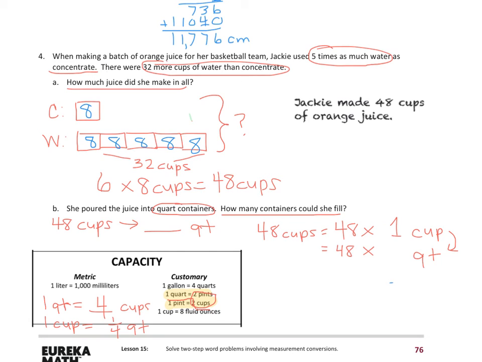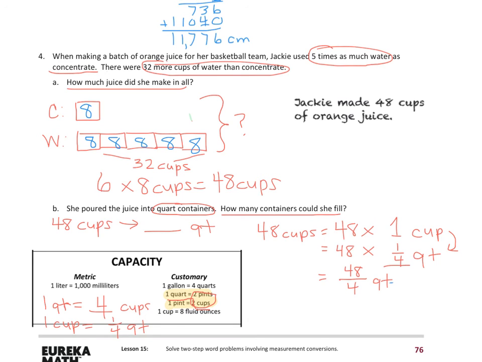And since a cup is smaller than a quart, this measurement right here needs to be a fraction. So 1 cup is 1/4 of a quart. And then 48 times 1/4, just like all the other whole numbers times a fraction, we're going to keep the denominator the same, which is a 4. And then 48 times 1 is going to be 48 as our numerator. And that's going to be quart.